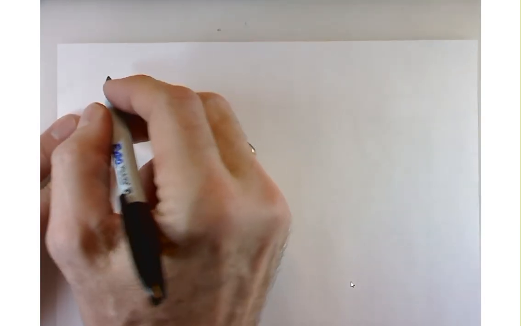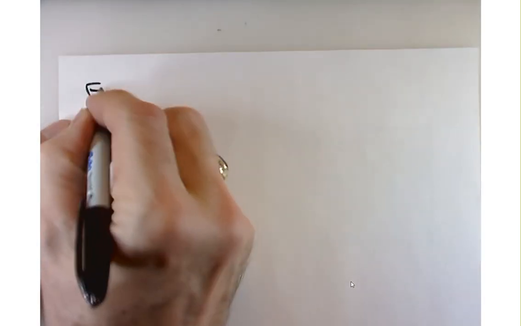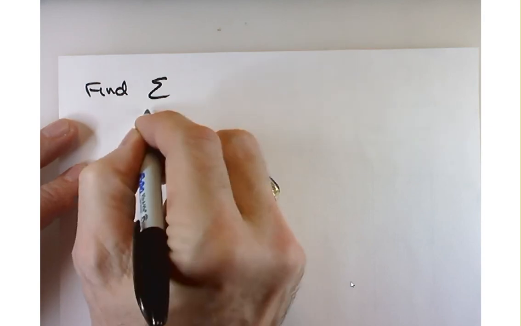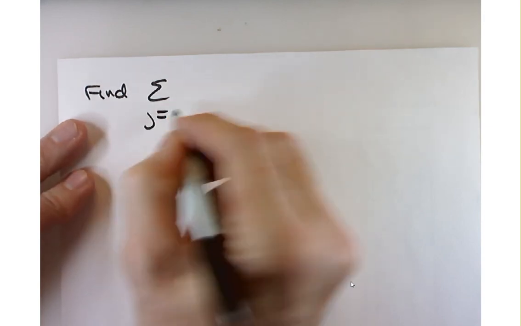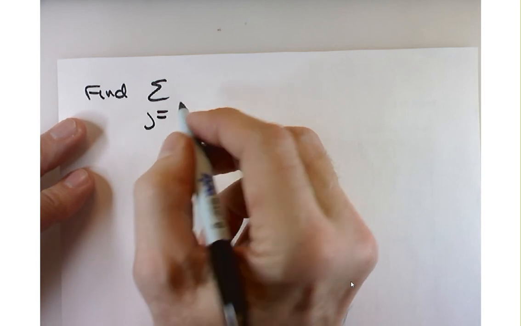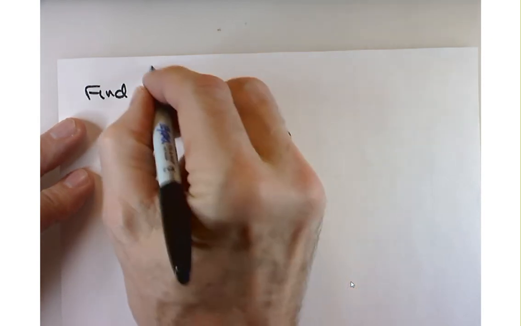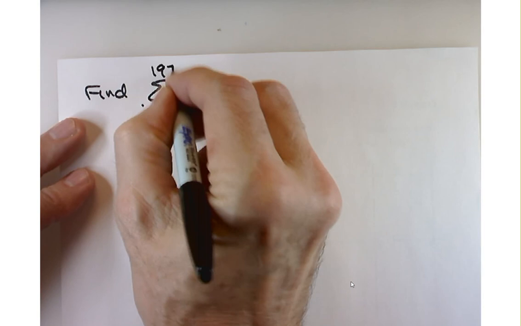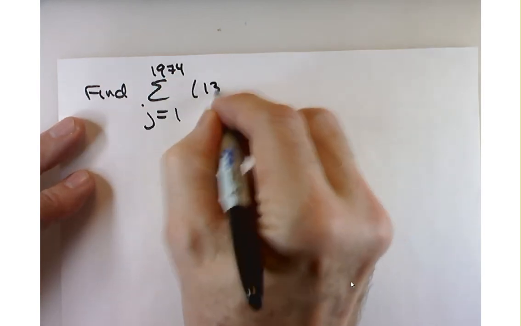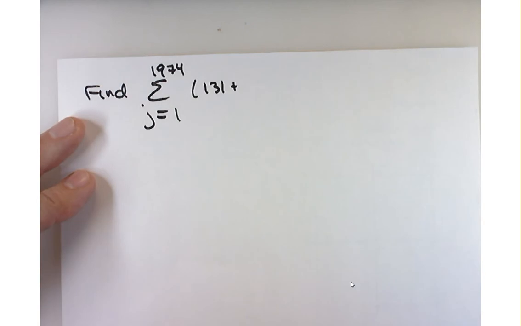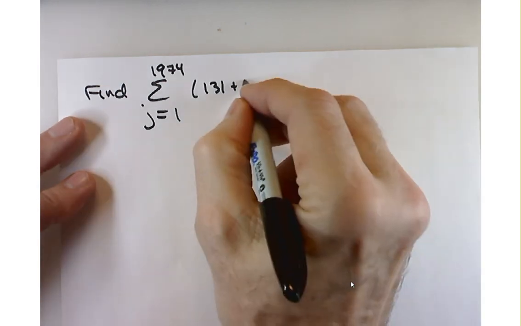So here's something a little bit more like a problem that you could see on the exam. Find the sum from, well, let's do j. It doesn't really matter what you use for your index of summation. j equals 1 to 1974. This time I'll do 131 plus, I don't know, 3 times j.